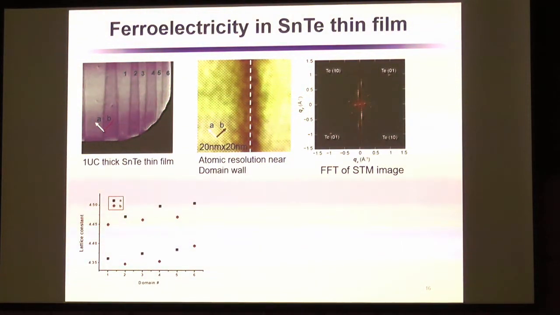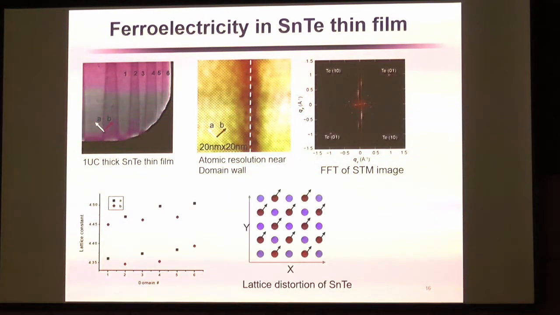And why is that? It is well known that for ferroelectric materials, along the polarization direction, the lattice constant will be stretched. So that means in domain number 1, along the B direction is the polarization direction. But we don't know which one because there are two directions.